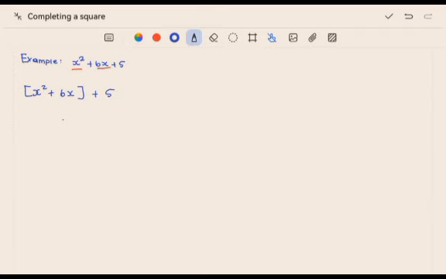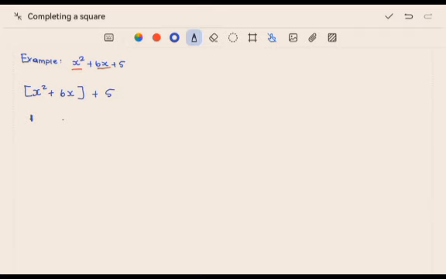Remember that I told you that you check the coefficient of x squared and you factor it out. In our case, the coefficient of x squared is 1. You can do that for the sake of your own understanding, but if the coefficient of x squared is equal to 1, you really don't need to do the step.